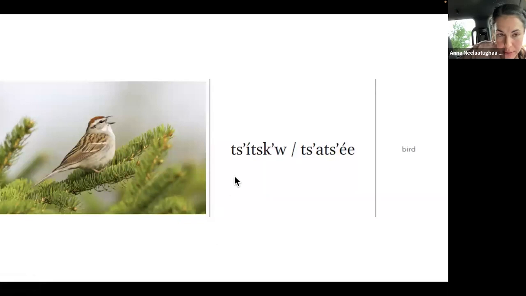So this is different from the word for moose, because first of all, you pinch the TS, and then you also add a T here, so there's a little bit more sounds going on. So let's practice it again.